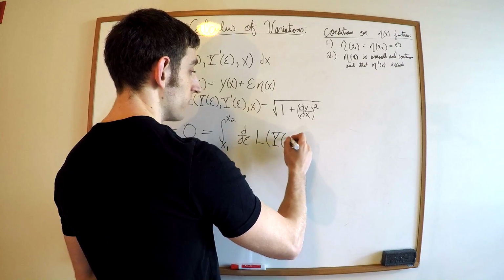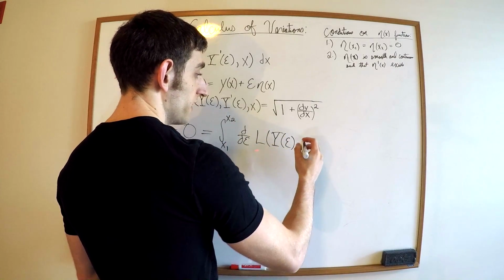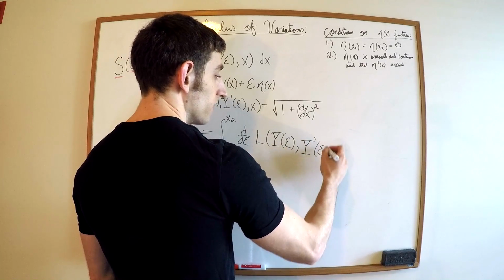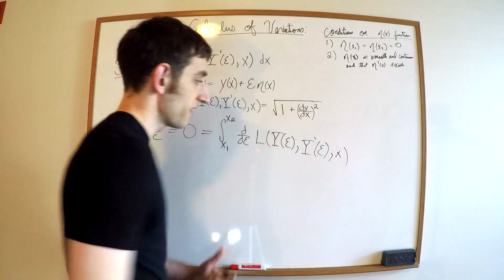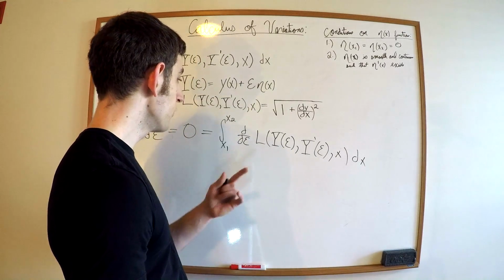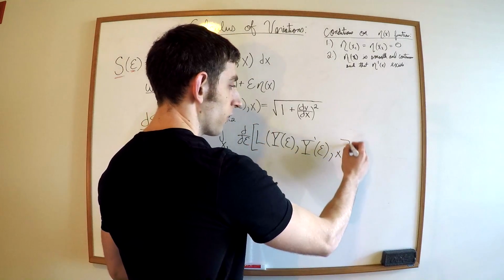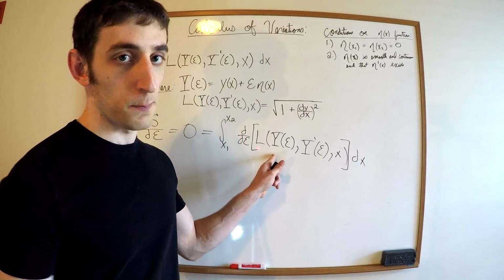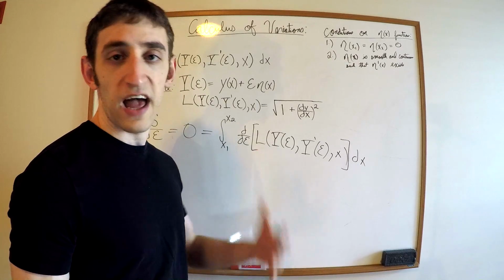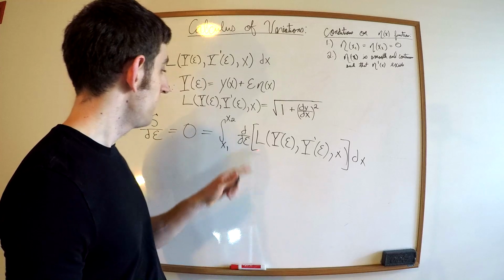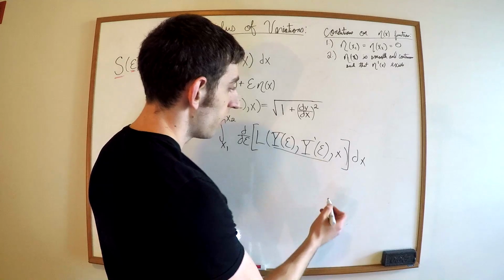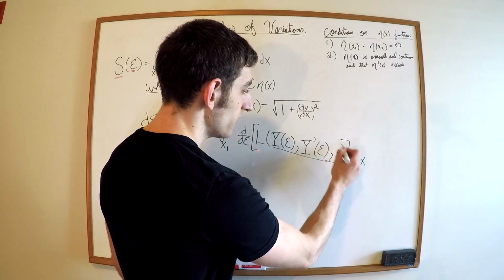That's also a function of y, which is a function of epsilon, and that is what gives it this nature as a function. You can't forget that dx. So what we see here is that we're going to differentiate this term, okay? We know from calculus 3, multivariable calculus, that when we differentiate this, we're going to get partial derivatives because of the nature of the terms inside here, right?